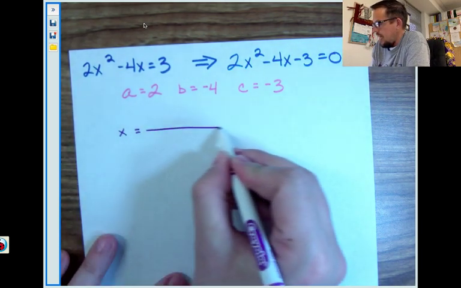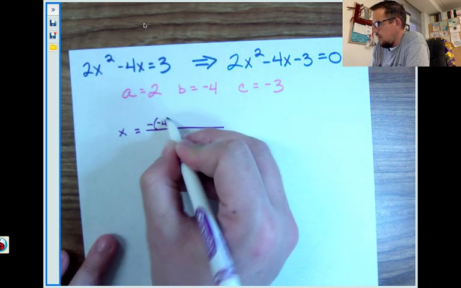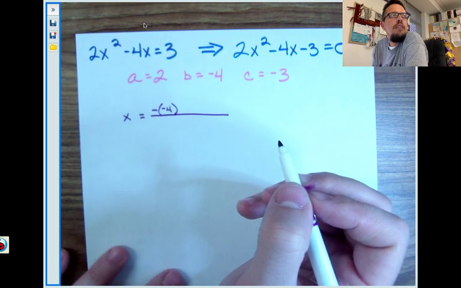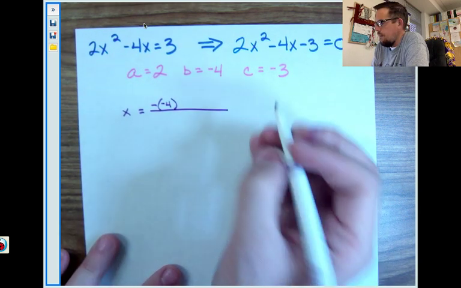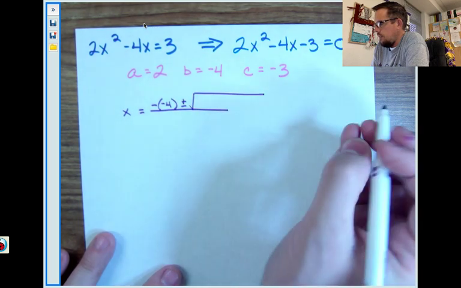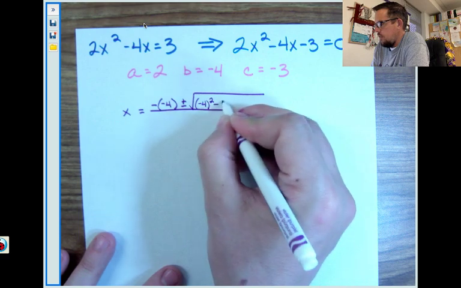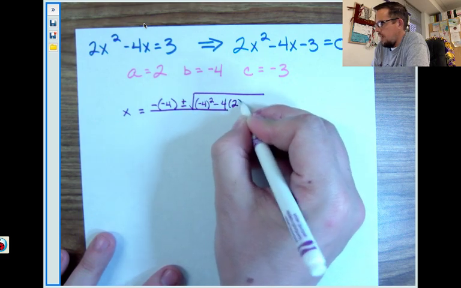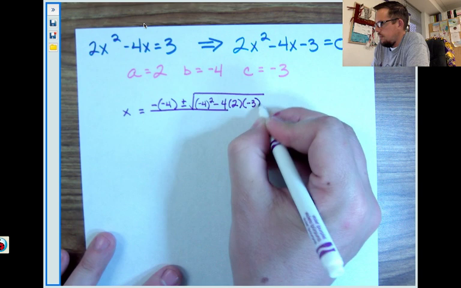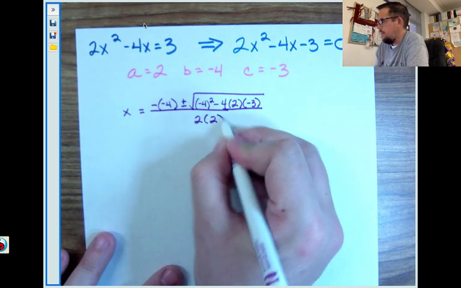X equals negative b. So it's negative 4. Negative b, and b was already negative, plus or minus the square root of b squared minus 4ac, over 2a.